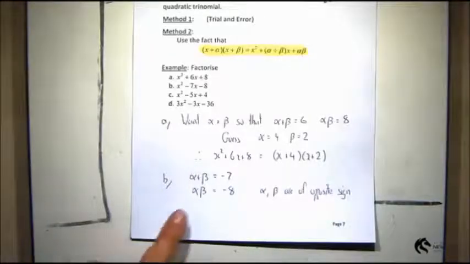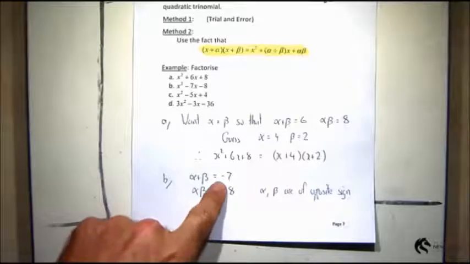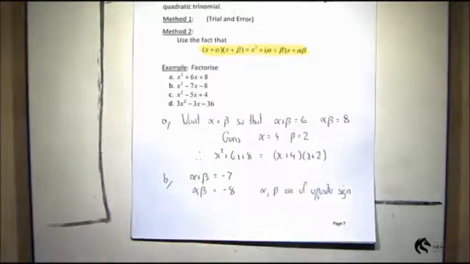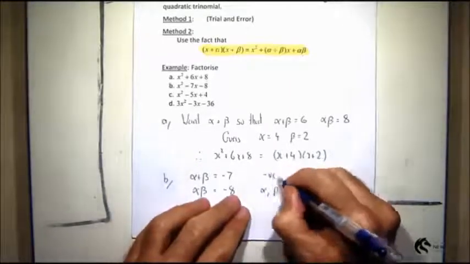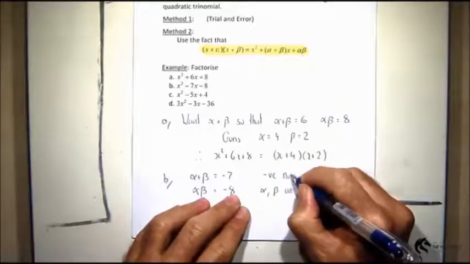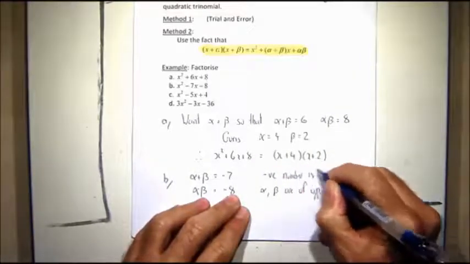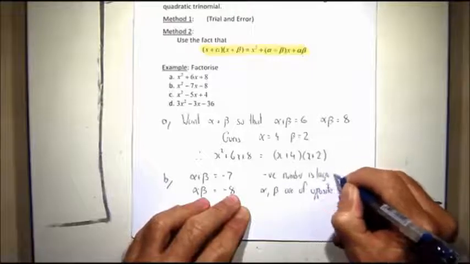Now, the fact that alpha plus beta is negative tells me that the larger of these two is going to be negative. Because if I add two numbers and the positive one's larger, then I'm going to end up with a positive number. So the negative number is larger in magnitude.